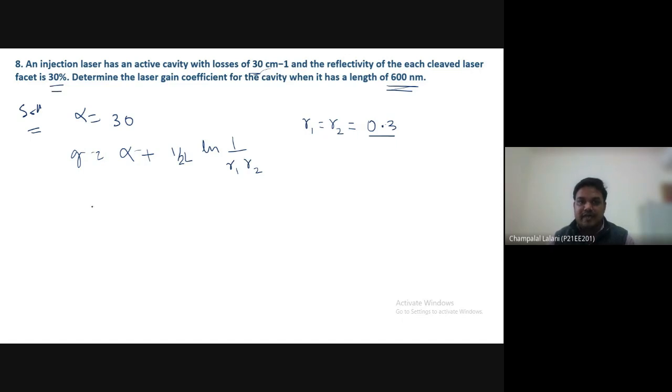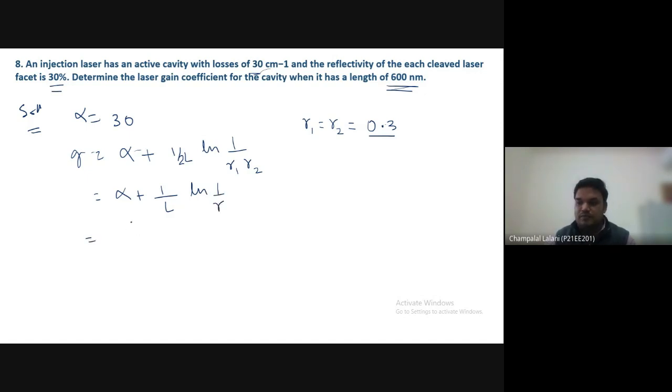Now you can write this formula like this also: alpha plus 1 by L, because R1 into R2 is R square, the square will come in front and the 2 will cancel out, ln 1 by R.